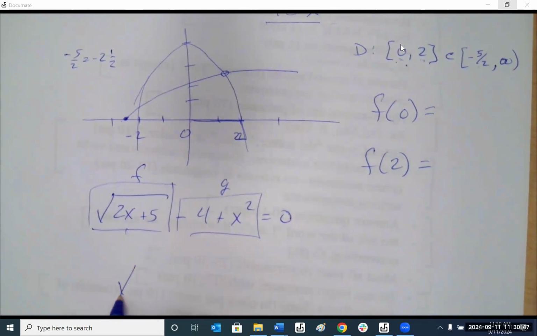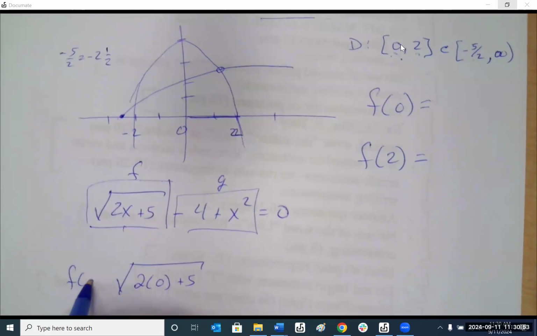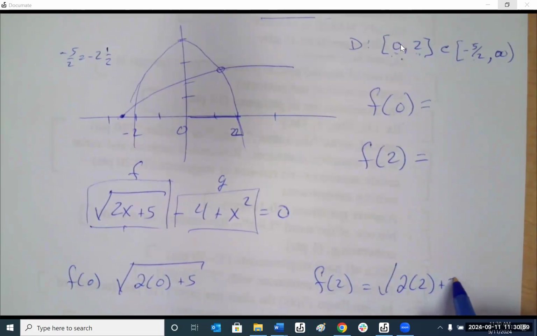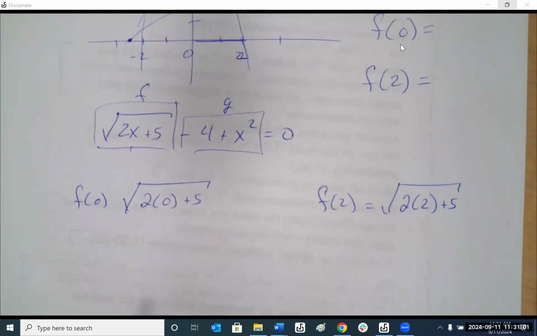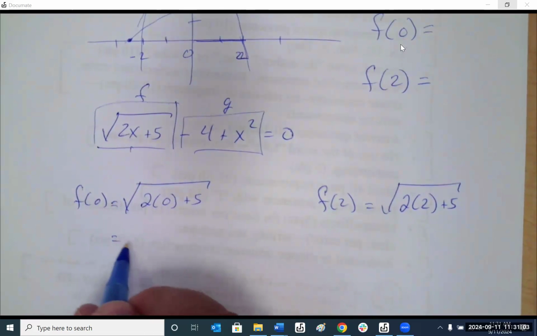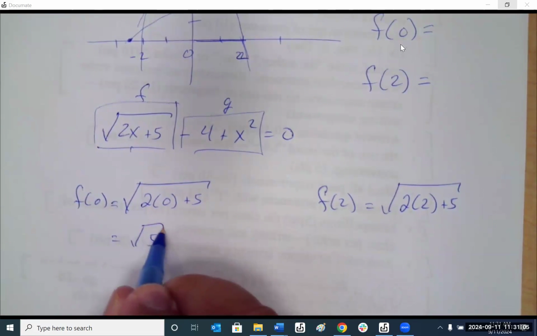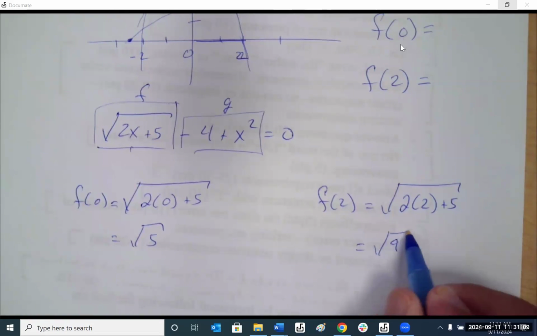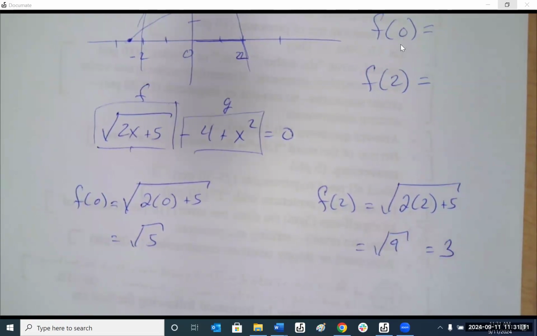So 2 times 0 plus 5. That's f of 0. F of 2, 2 times 2 plus 5. So we have a square root of 5, square root of 9, which is 3.